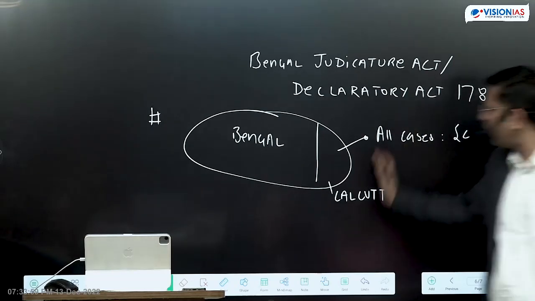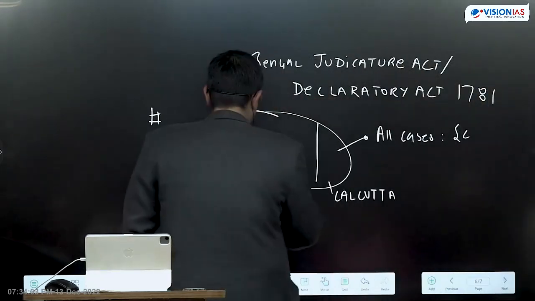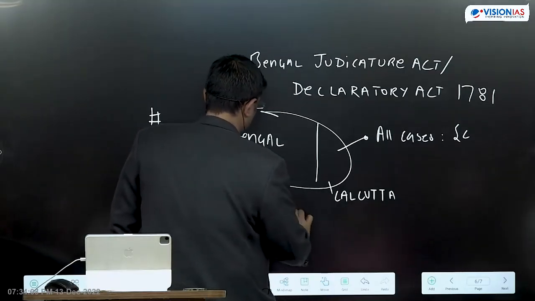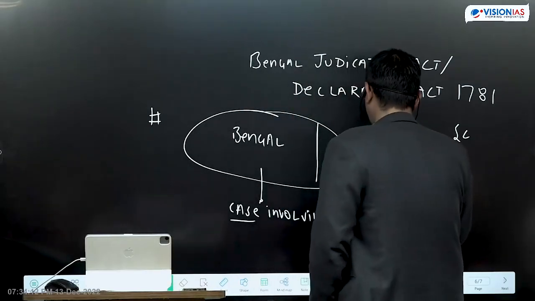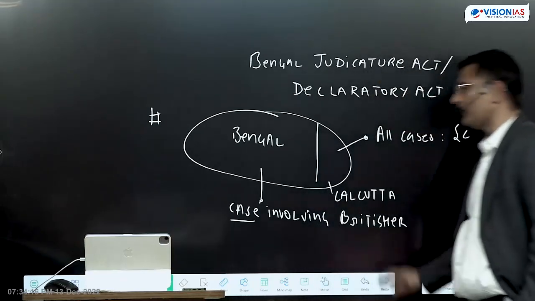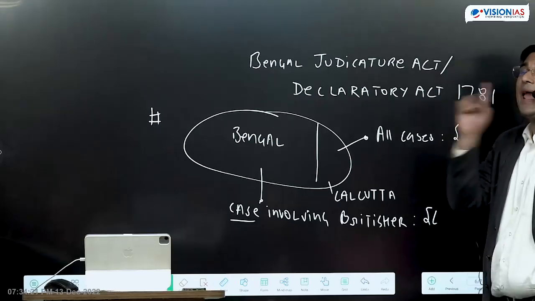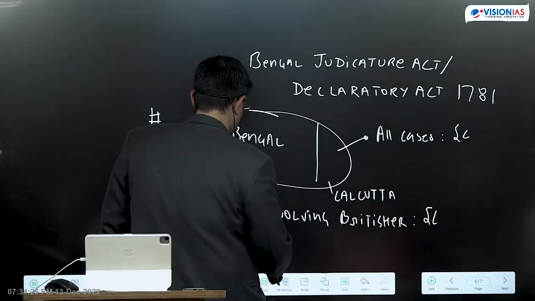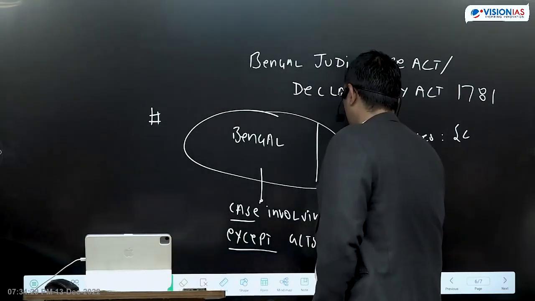Outside of Calcutta, that means in the rest of Bengal, if there is any case involving a Britisher, it will go to the Supreme Court, except acts done in official capacity.